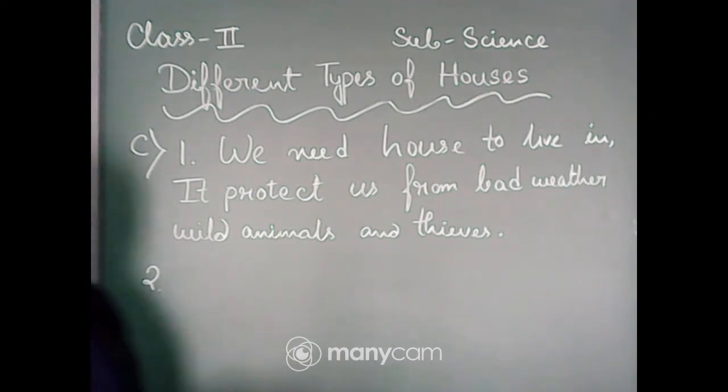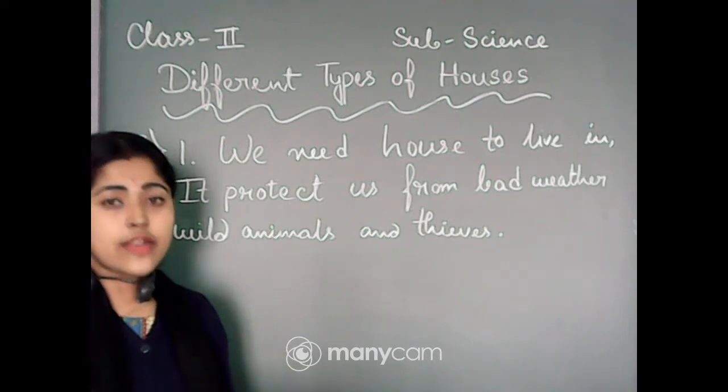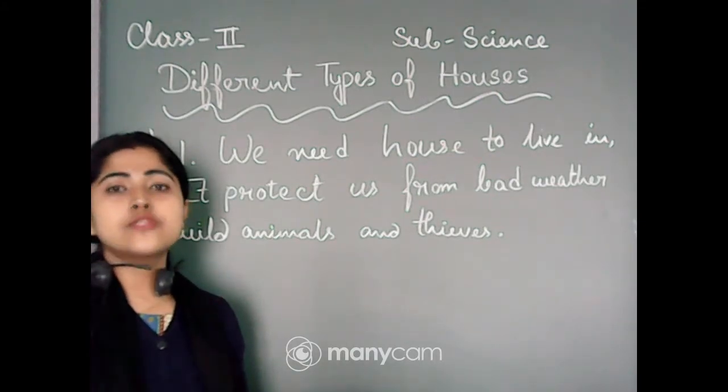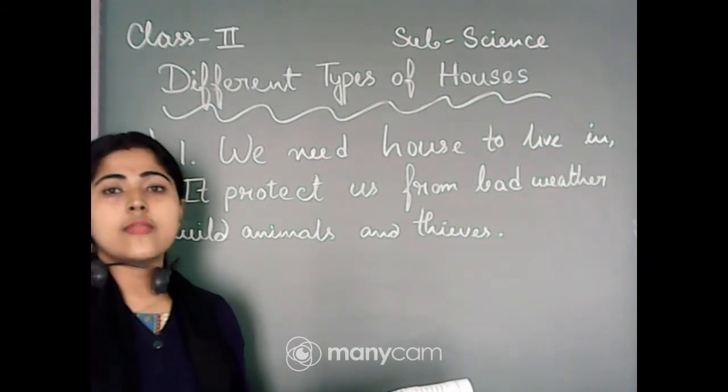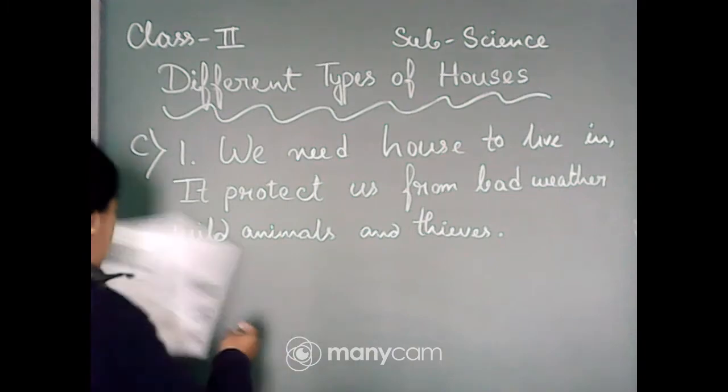What are stilt houses? These things we discussed in your previous online class about the stilt house. There are some houses which are based on wooden posts. Those are the stilt houses.